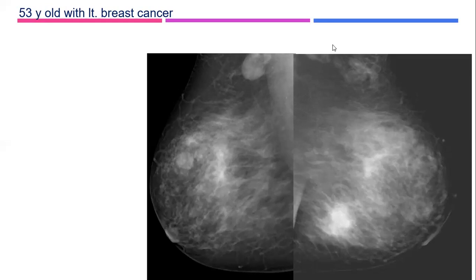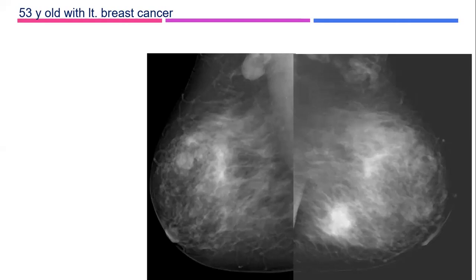About the right breast, also there is a mass. One of them is well circumscribed, the other has indistinct margin. It is only one lesion on the right.